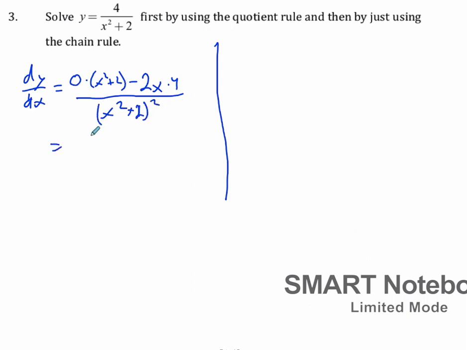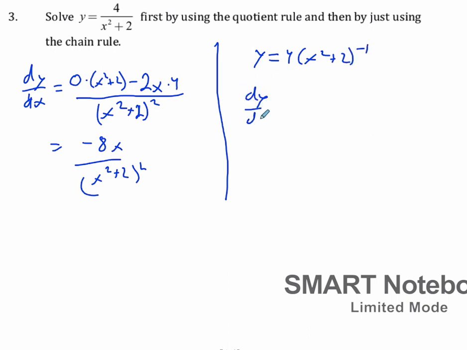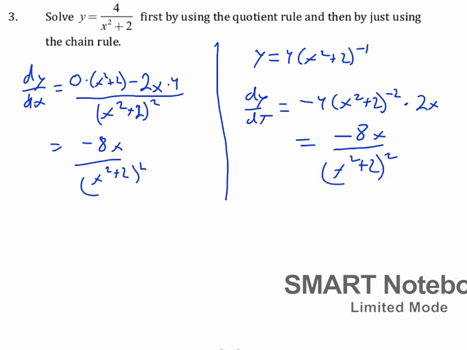And that's just 0 there, so you're going to have negative 8x over x squared plus 2 squared. And if you do it the other way, we first write it as 4 times x squared plus 2 to the power negative 1. So dy dx equals negative 4 x squared plus 2 to the power negative 2 times the derivative of what's inside the brackets. So it is the same thing. It's negative 8x over x squared plus 2 all squared.